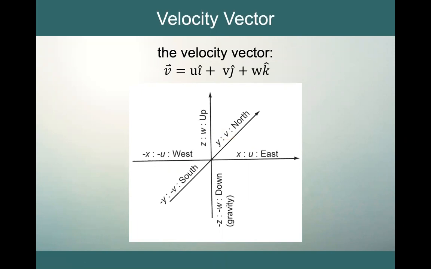Now, if we look at this diagram right here, the other thing that we see is that the velocity itself, as I mentioned, is the change in the position with time.